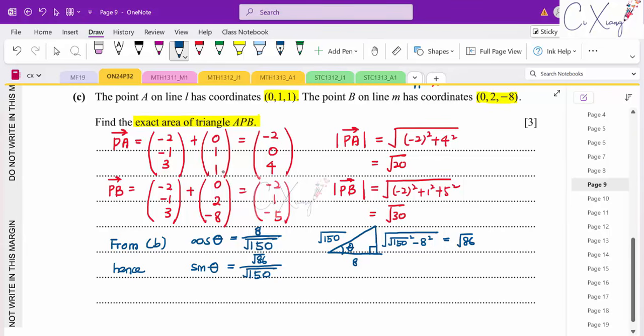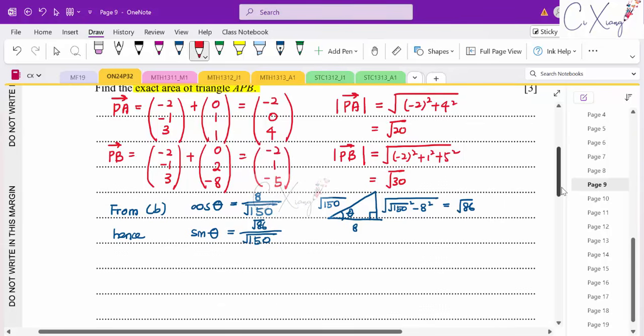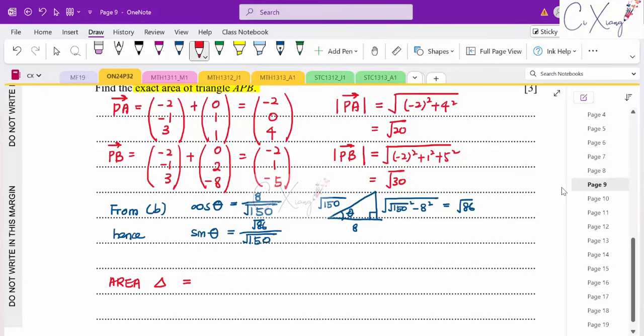Okay, so after we get all the information here, let us compile everything together. I want to get the area of the triangle. The area of the triangle will be half the length of PA, the length of PB, and then sine theta. So substituting all the values here and trying to simplify them: square root 20, square root 30, and sine theta is square root 86 divided by square root 150.